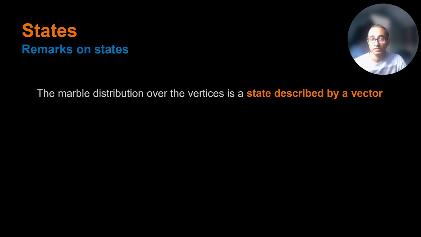It is important to understand that this marble distribution that we have seen here over the vertices is a state of the system which we can easily describe by a vector using the coefficients of each vertex.